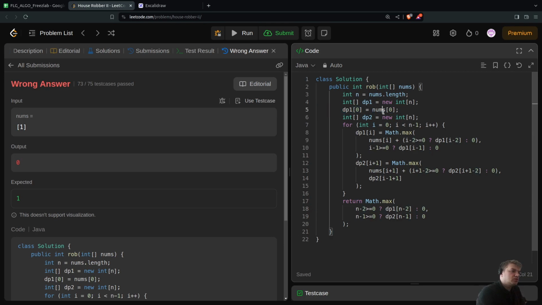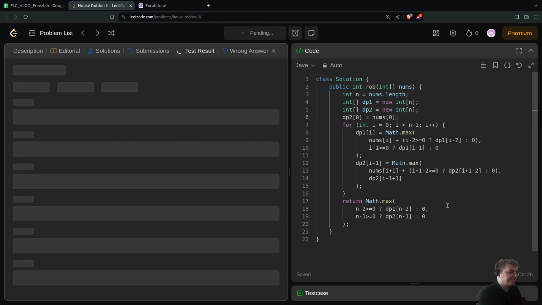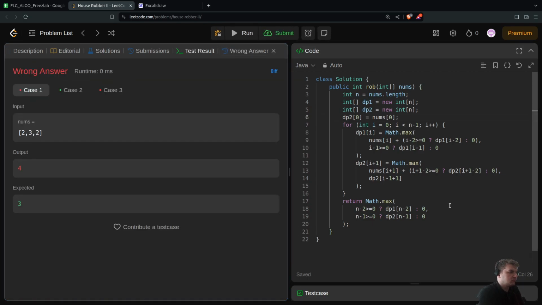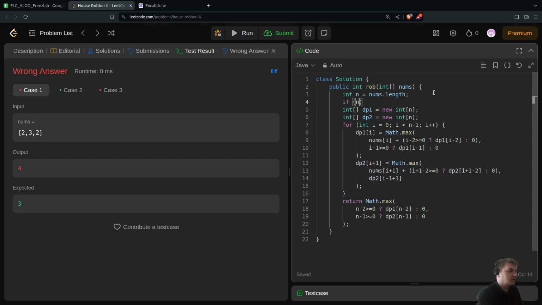Yeah, and also the same here. It should be the empty set, in case of n equals 1.